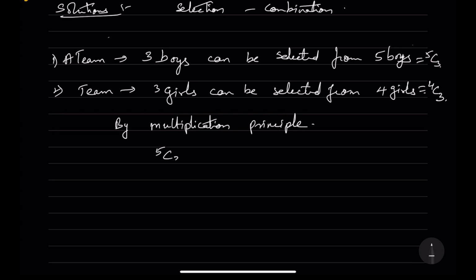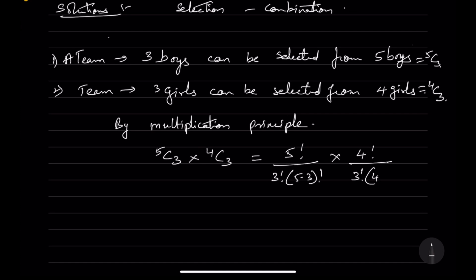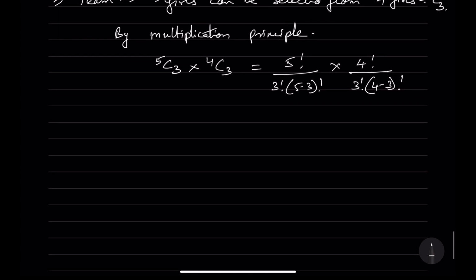We can do it in 5C3 into 4C3 ways, which is equal to 5 factorial by 3 factorial into (5 minus 3) factorial, into 4 factorial by 3 factorial into (4 minus 3) factorial. So now this can be written as 5 factorial by 3 factorial into 2 factorial, into 4 factorial by 3 factorial into 1 factorial.